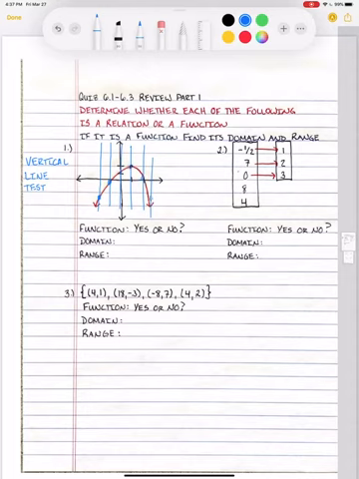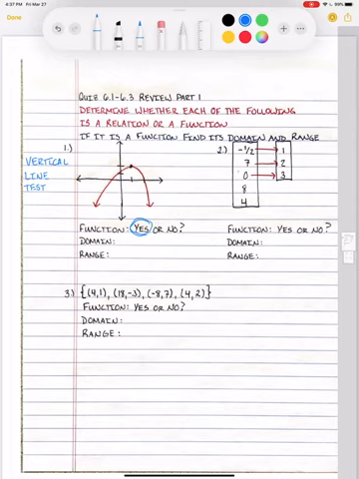Okay, cool. It's a function. So since it is a function, I'm going to go ahead and circle. Yes, it is a function. Great.